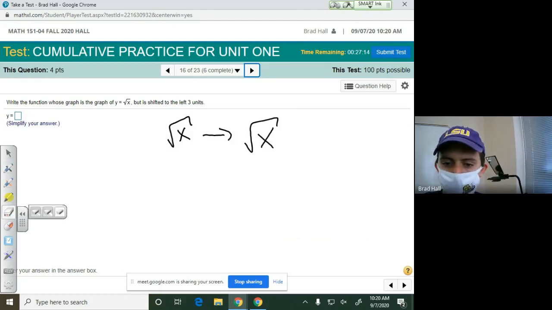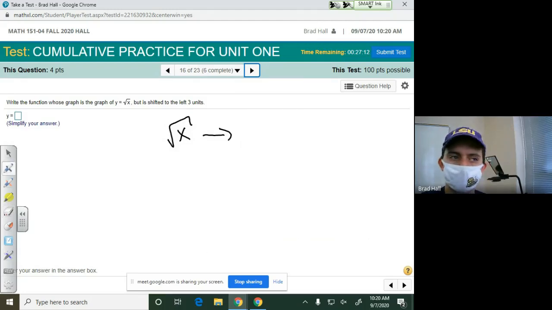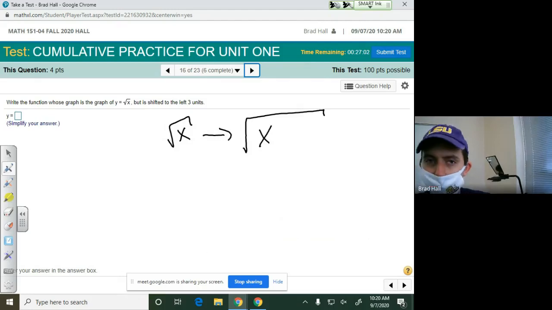So to go left or right, that means that you have to add or subtract the x value directly. So that means this number would need to be in the square root to go left 3, add 3, because it has to be the opposite when you go left or right.